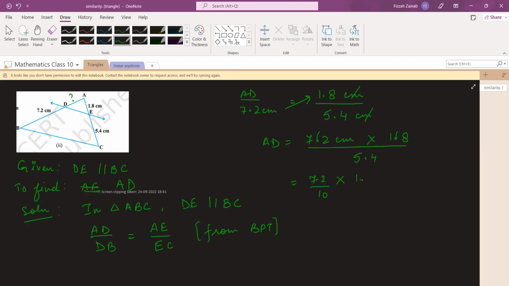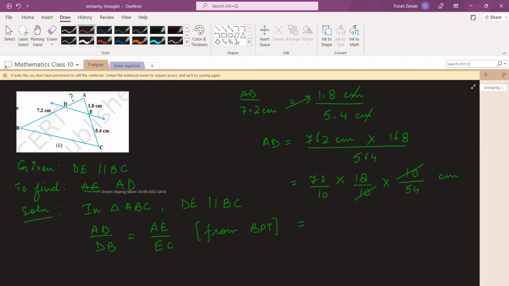So you remove 1.8, 18 divided by 10 into, now in the denominator, if I remove this decimal, it is 54 and then 10 will come here and 1 centimeter, right? Okay. Now, so don't cut 10. Try to use some other number to simplify.